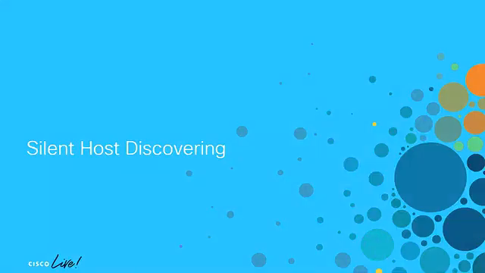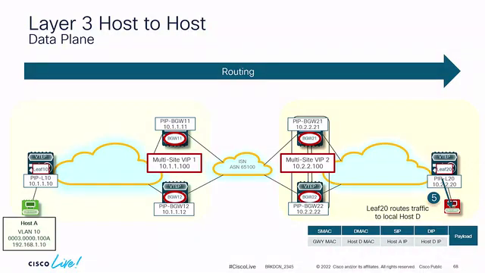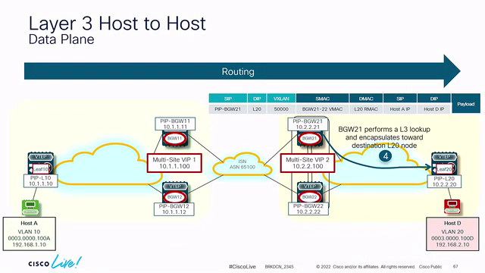That goes to the realm of silent host discovery that we're going to cover now, right? I'll repeat the question because the answer is going to be explained now. When the border gateway in site 2 gets the packet, I said he knows where host B is connected because host B was discovered.